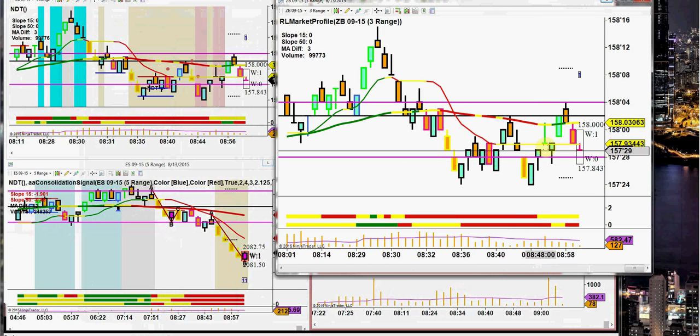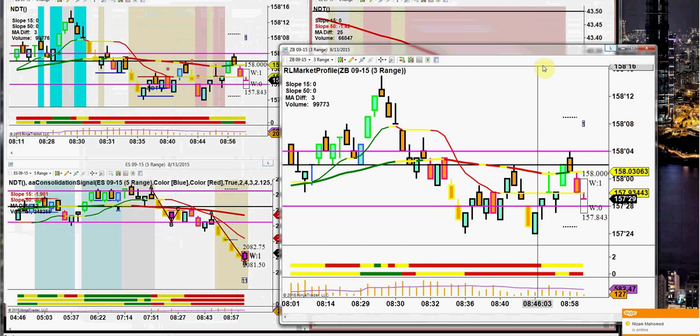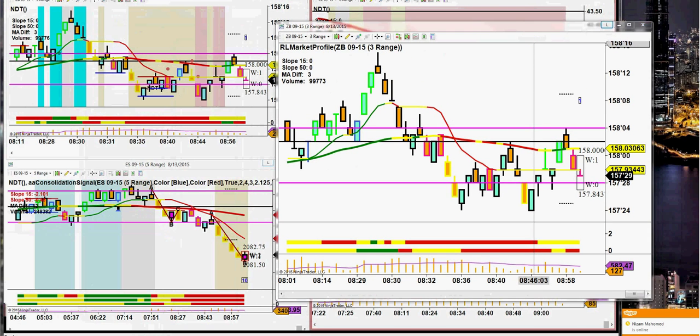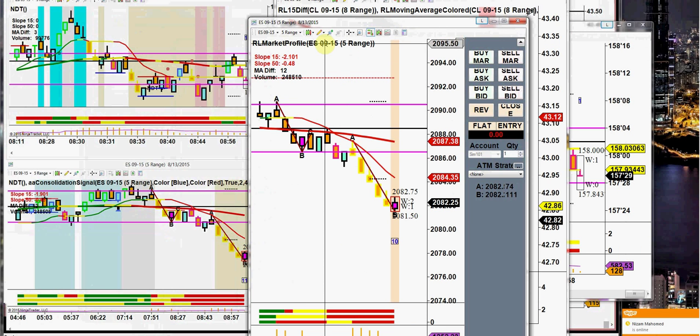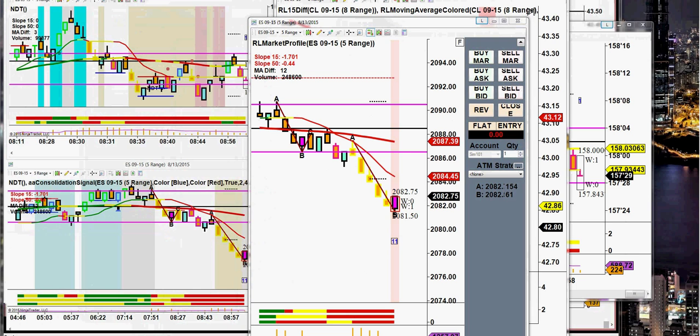Give it a couple minutes here, well, seconds, and there it is. Alright, so we have our ZB chart, our CL chart, and our ES chart. Alright, let me see if I can pull up the training manuals and everything that comes with it, so I can show you guys. Be back in one moment.